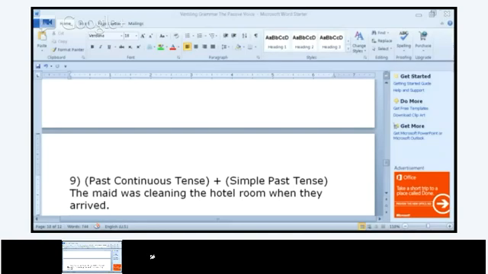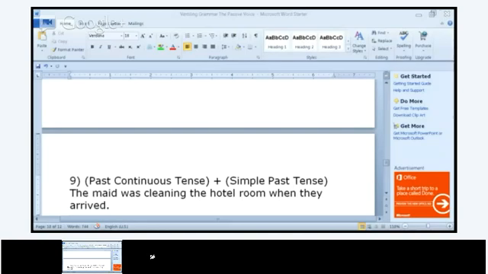So what's happening here is some people are probably arriving at a hotel and they could not go into their room because the maid was cleaning it. Okay. And so we've got some ideas here. The maid wasn't cleaning the hotel room when they arrived, so that's probably good news. Okay. And then we've got another sentence there.